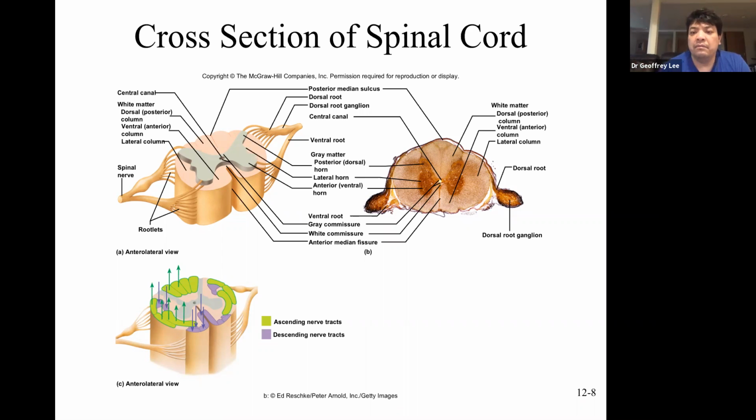Now, if you take a look, right, it looks more rust colored, but we can imagine it's gray, right? It's a gray butterfly on the inside of our spinal cord. And then you see gray on the outside right here, right? It's gray out here because that's where our main sensory neurons have their cell bodies. So those sensory neurons, let's say of your fingertips, that allow you to touch and feel, right? Well, what we find in our fingers are just the axons, very long axons.